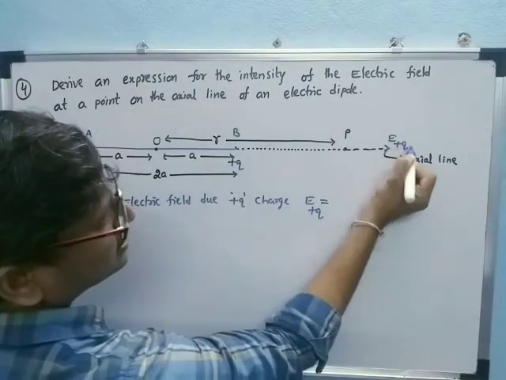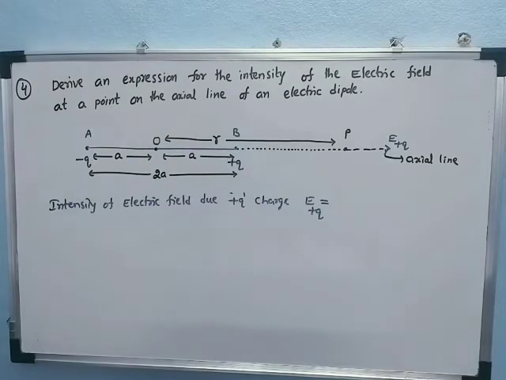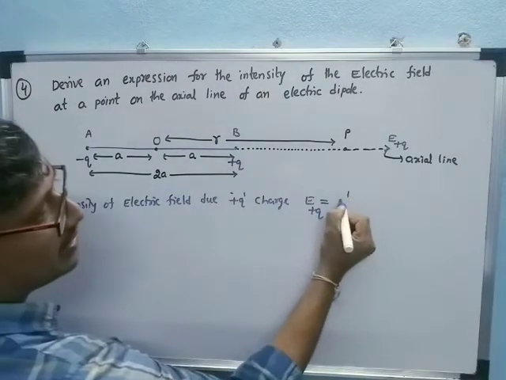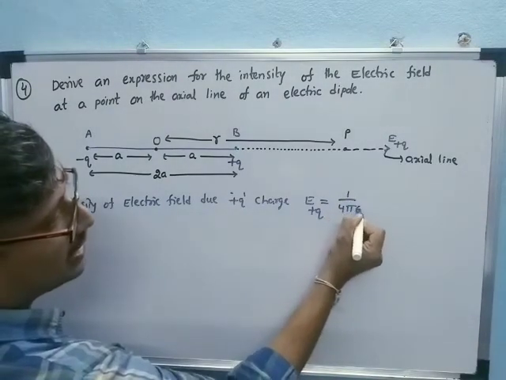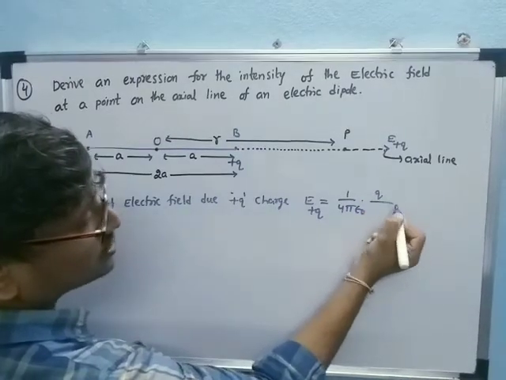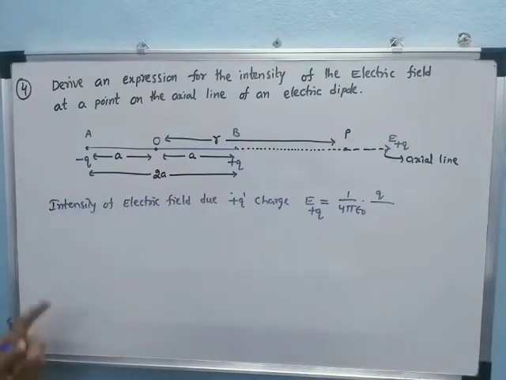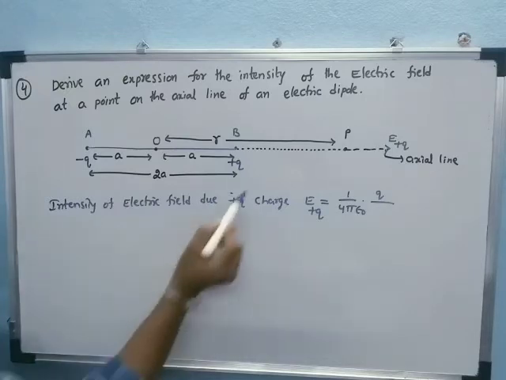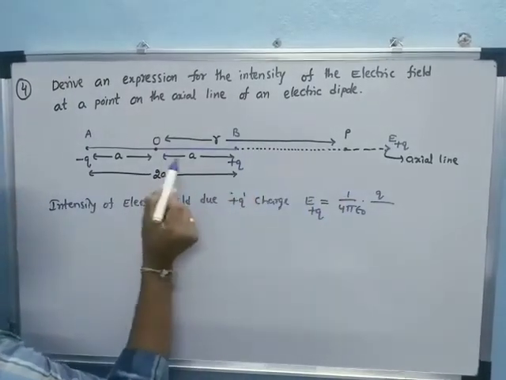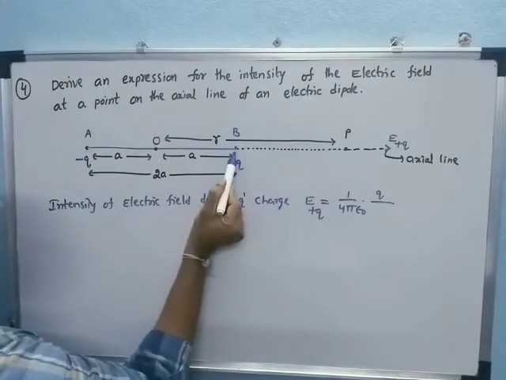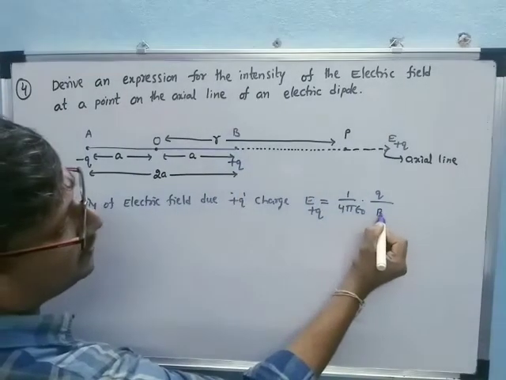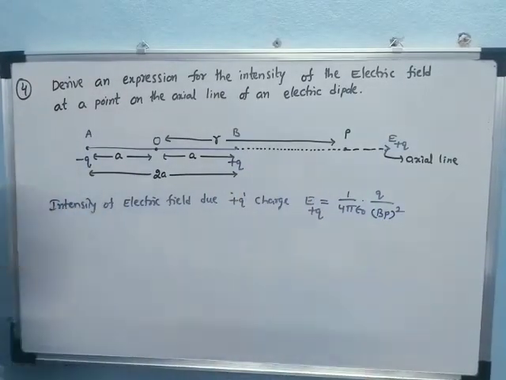So what is the formula for the intensity of electric field? 1 by 4 pi epsilon naught, Q by r square, where r is the point to charge distance. Here the charge is at B, so the distance is BP whole square.